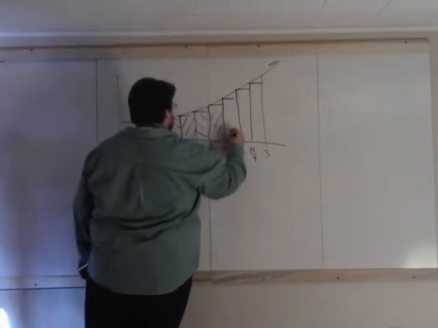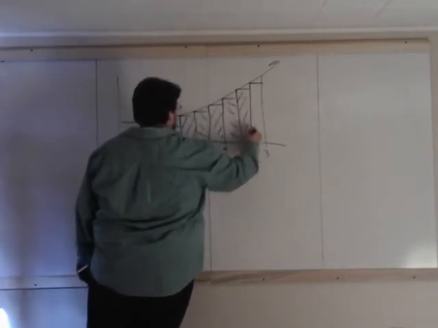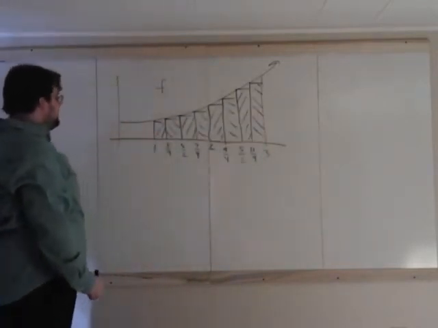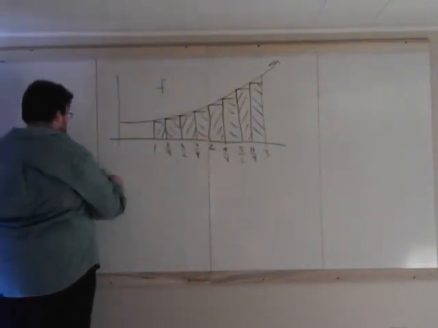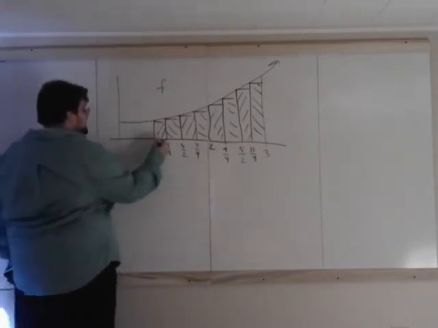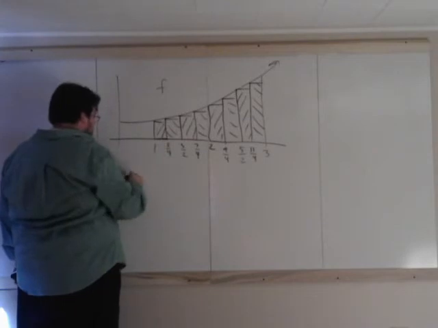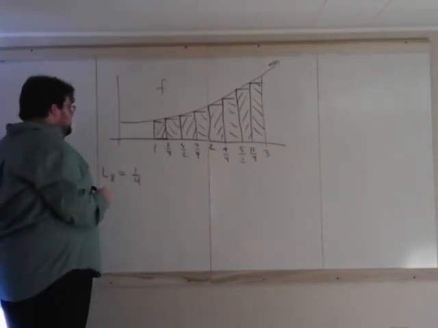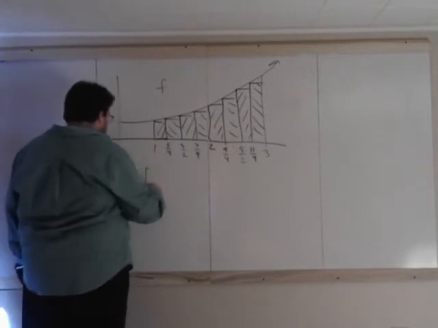They look like this. And now we need the left approximation with 8 rectangles. Now, the first thing we'll notice is that the base is length 1/4. Well, let's go from there.